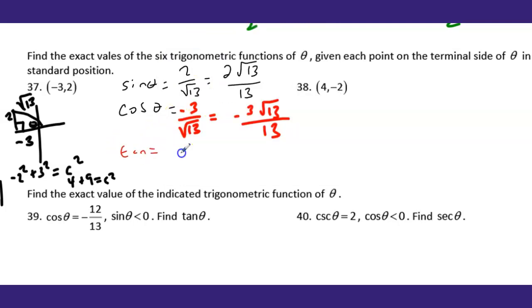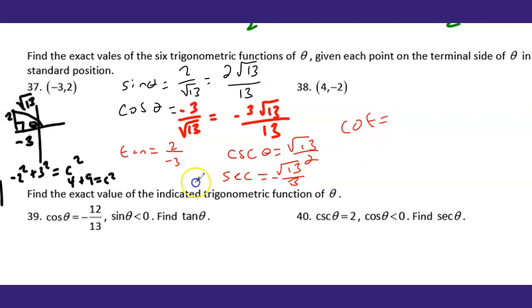Tangent is going to be opposite over adjacent. Cosecant is the inverse of this, so radical 13 over 2. Secant is the inverse of this, negative radical 13 over 3. And then cotangent is equal to the inverse of this, negative 3 over 2.